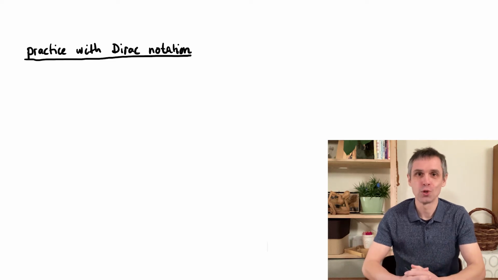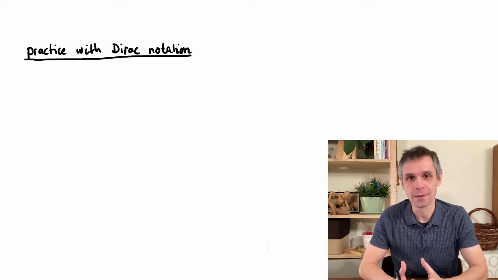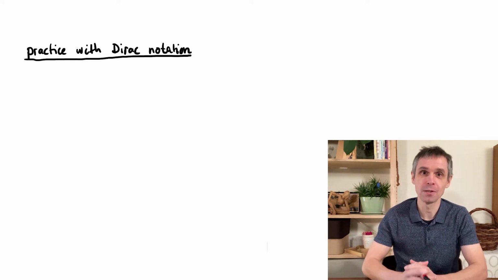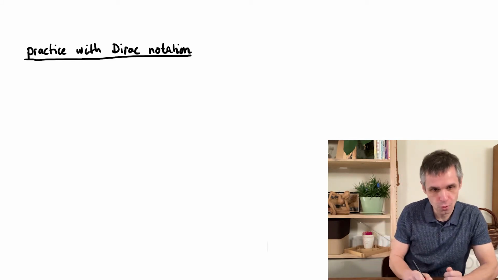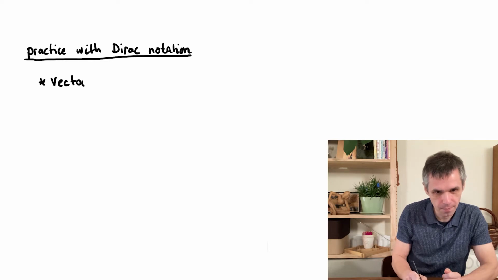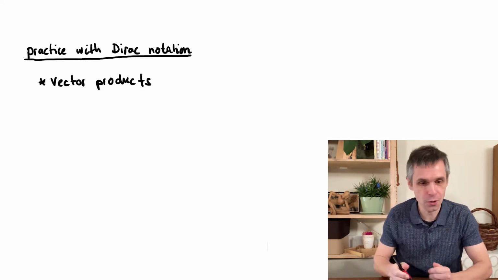In these videos I want to do something practical and concrete, namely to give us some practice with the Dirac notation. And I will do this in the context when this is completely equivalent to dealing with vectors. In here I'm first going to have a look at vector products, so all possible ways that you can multiply vectors.